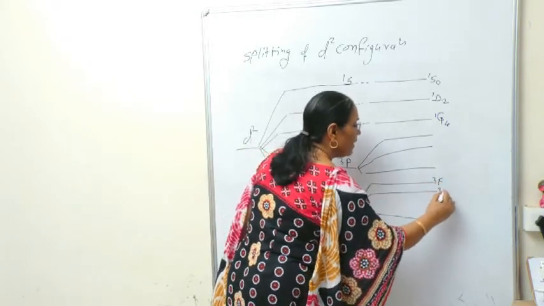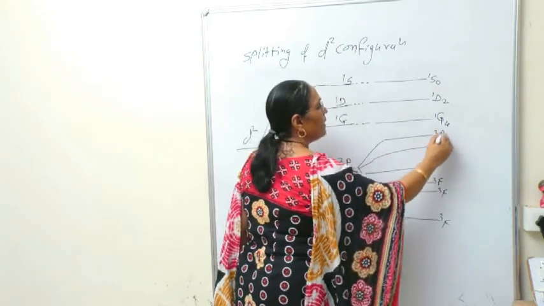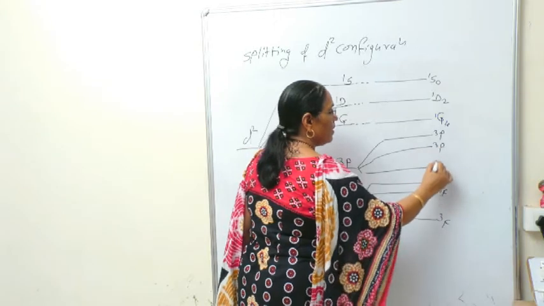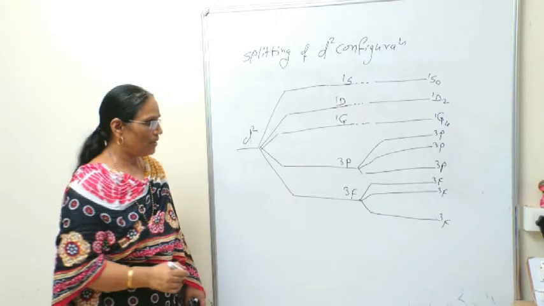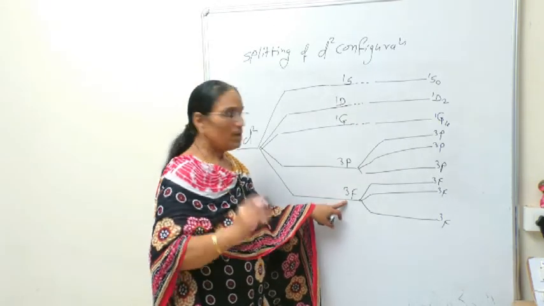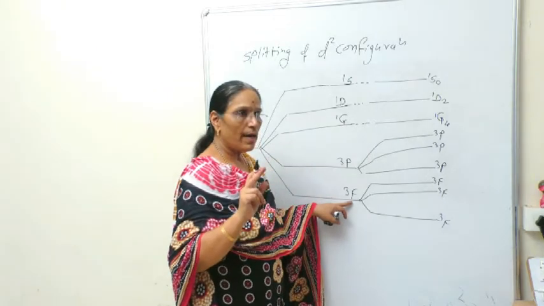So here, splitting triplet F and triplet P. Now we have to see the sequence of J values. For triplet F, 3 J values we have obtained, and these are 4, 3 and 2.